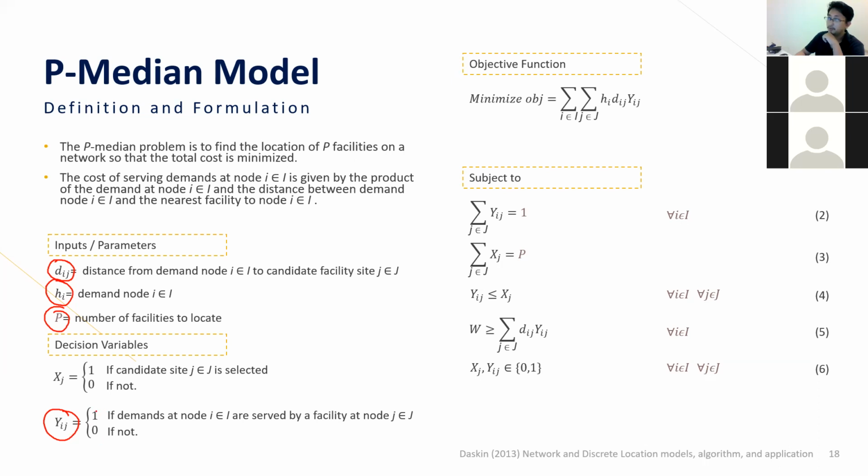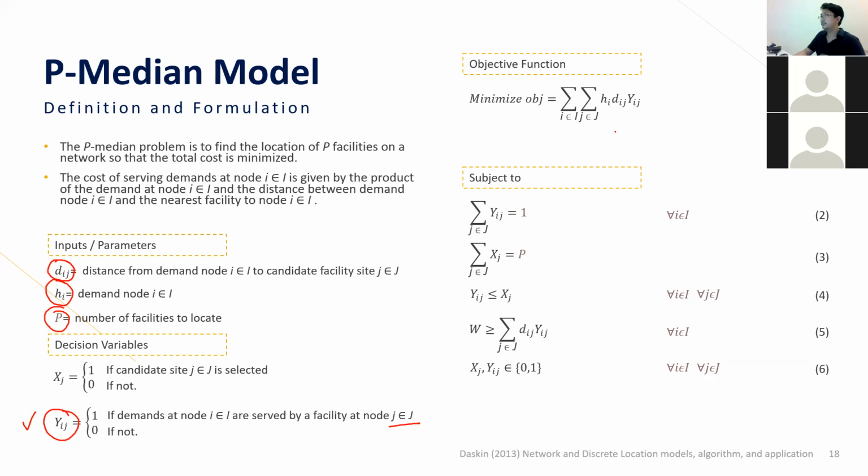It will be valued 1 if the demand at node i is served by the facility at node j. Okay, so this is the additional constraint introduced for P-median.